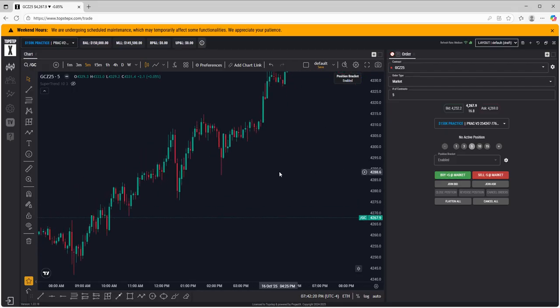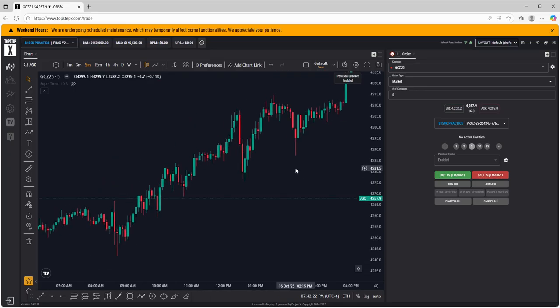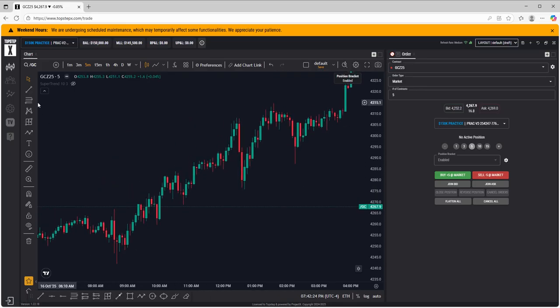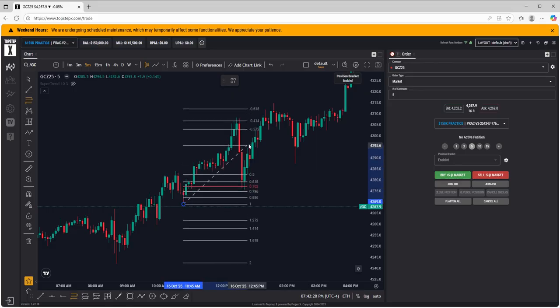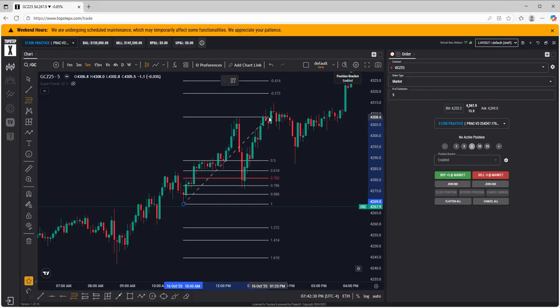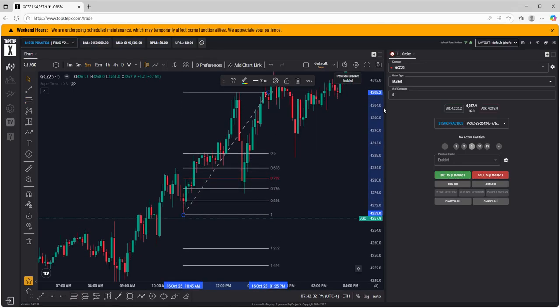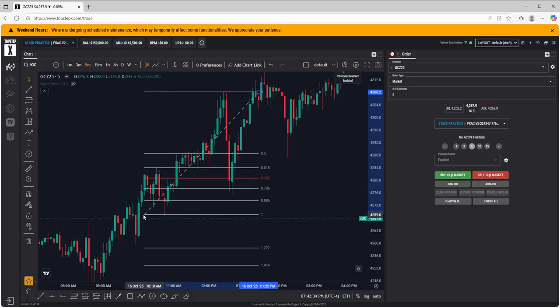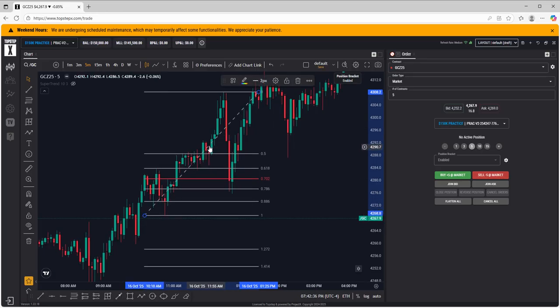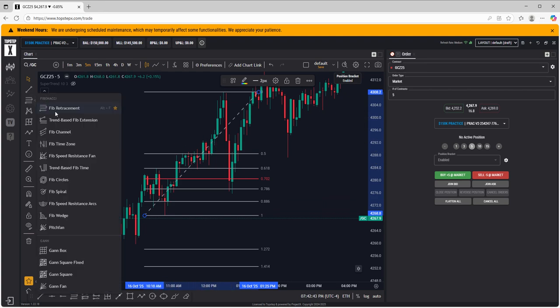Let's see. Right here. Boom. Now, essentially, this is, or looks like it's consolidating, right?